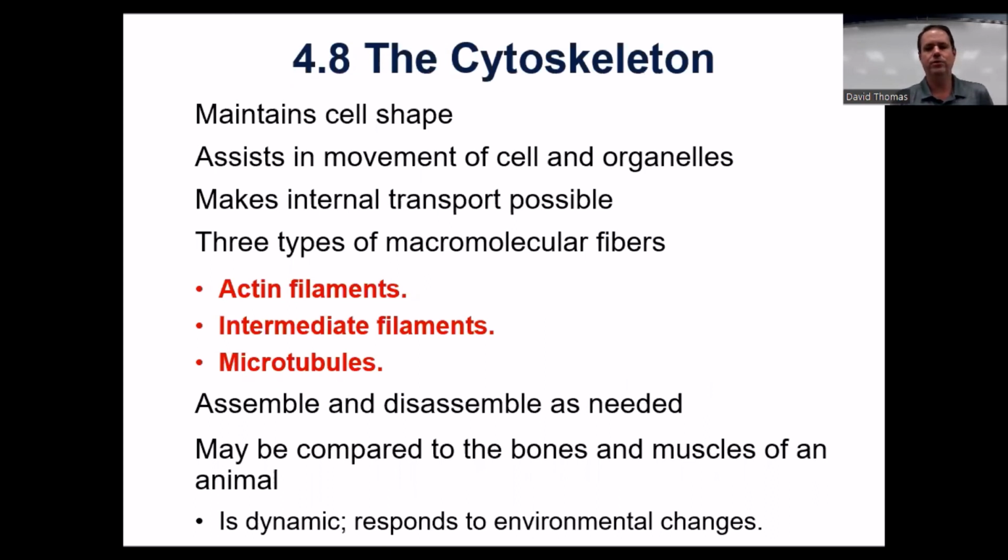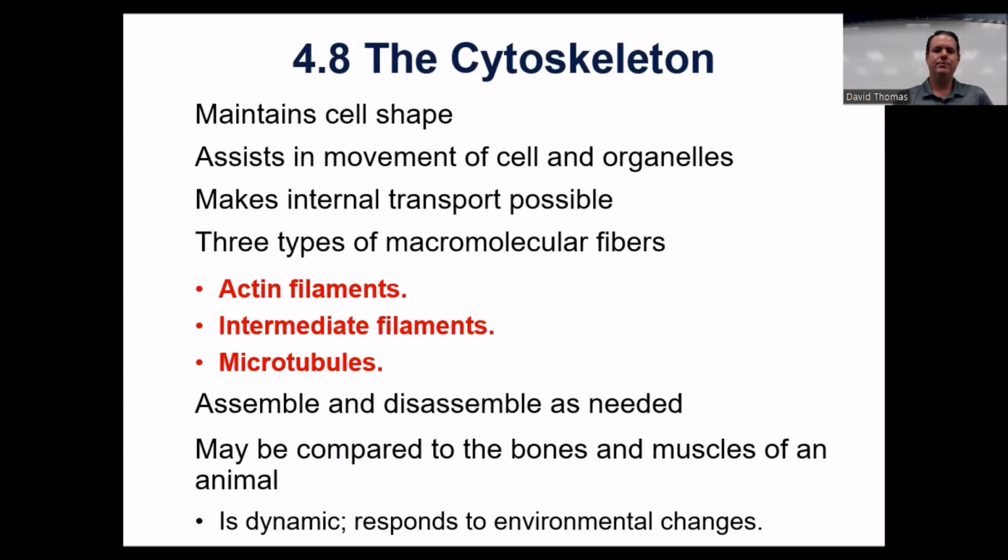The prefix cyto refers to cell, and so the cytoskeleton is a structural component of the cell that helps maintain its shape and provides structure to the cell. Sometimes it actually provides a type of movement for cells, and it makes up things like the flagellum that we mentioned earlier, and little cellular extensions known as cilia, and these are for movement.